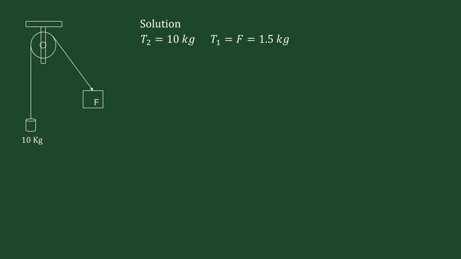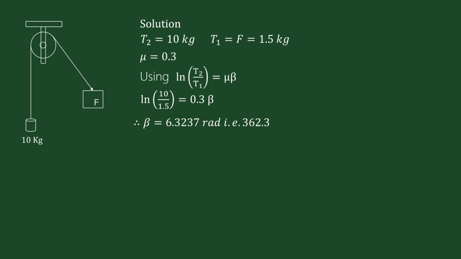Now, here we want to find the value of the lap angle, and that is why we have to use the formula related to log, that is log of T2 upon T1 is equal to mu beta. Just put the values of T1, T2 and mu, and we will get the value of beta as 6.3237 radian.